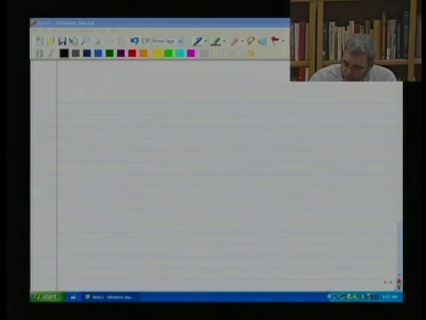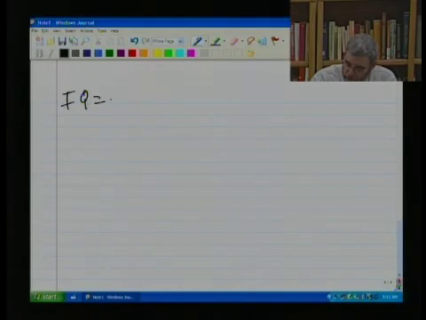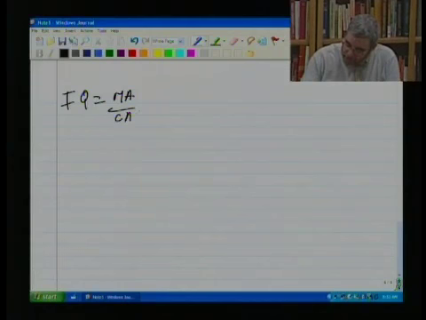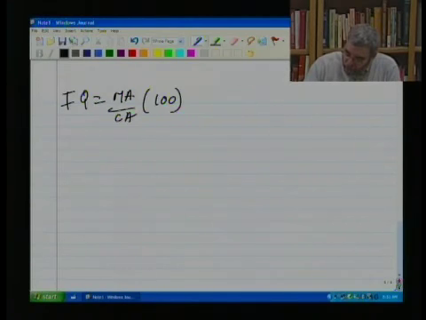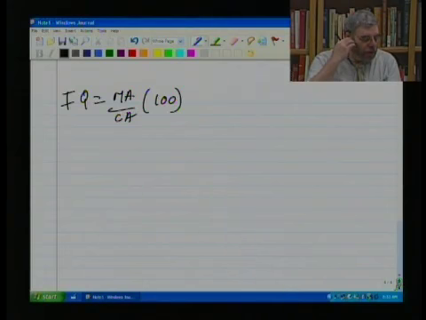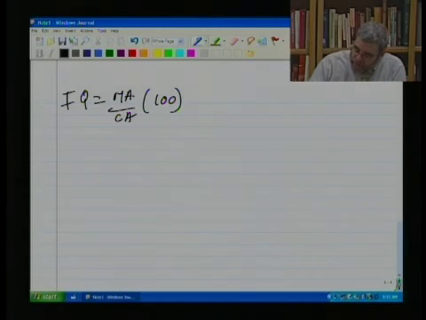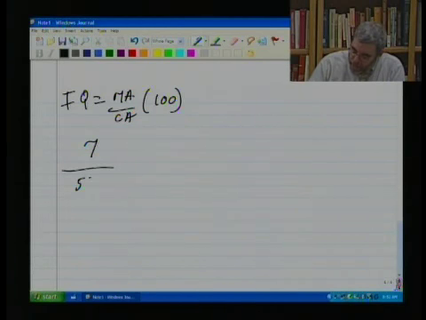All right. So here, let's put the formula up here. IQ equals mental age over chronological age times 100. Your chronological age we know. The mental age is, as we said, the age at which the person's score was the average correct number. So let's say 7-year-olds got an average of 52 right, and a child gets 52 right.